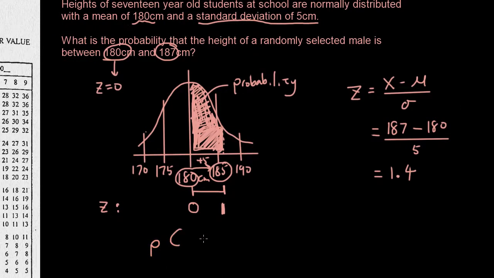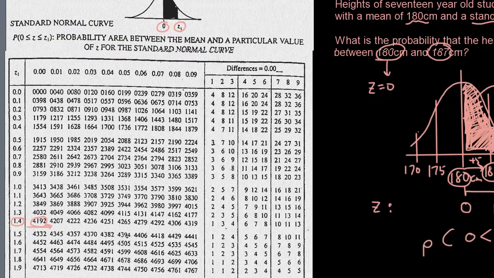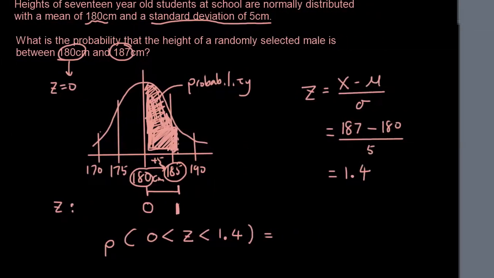So we say that the probability of the z-score between 0 and 1.4 is simply, what was it again? 0.4192.